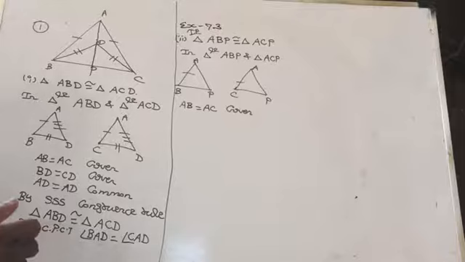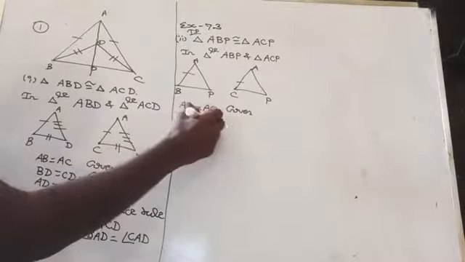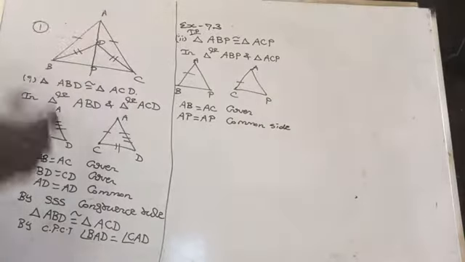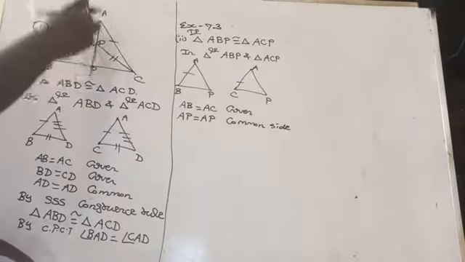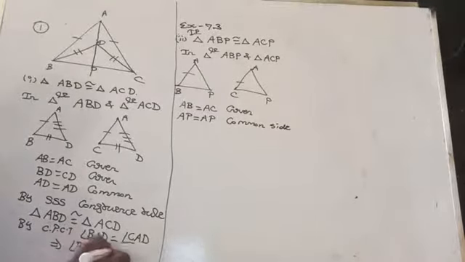Then AP is a common side, AP equals AP. And then angle BAP equals angle CAP, because we already proved angle BAD equals angle CAD, which is nothing but angle BAP equals angle CAP.